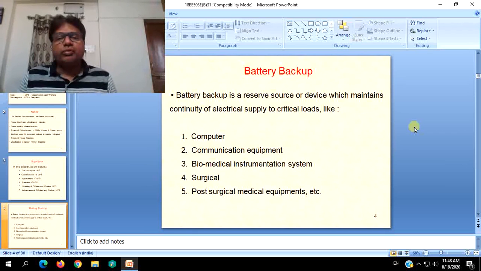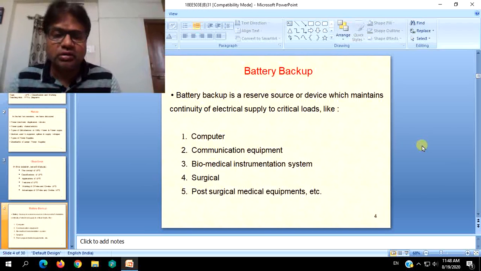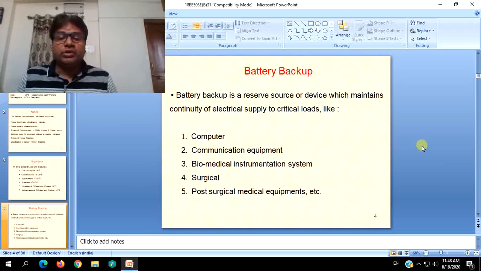And again, computers and communication equipment, which are listed over here, are less rated equipment. For this purpose, you need not procure a generator, or start a generator only to run these smaller loads. So for this purpose, battery backup gained its popularity, and other features also came into existence.